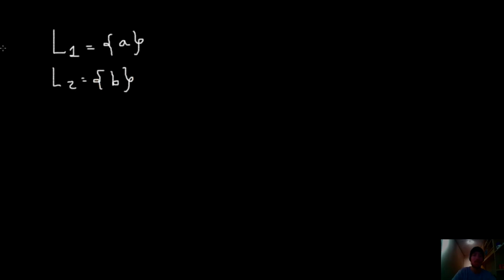Now let's apply the Kleene closure to both of these languages. First, we apply it to language L1. We already saw this operation. Remember, this is the language that represents all the combinations that we can form with this terminal symbol.